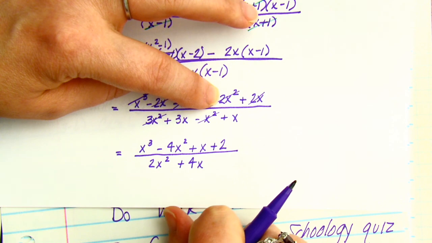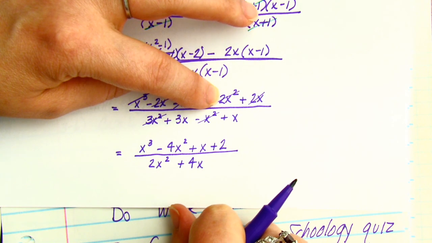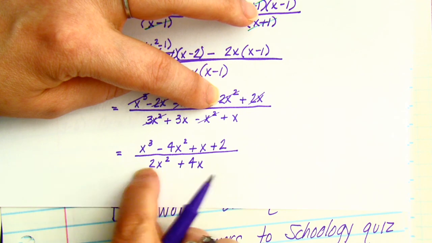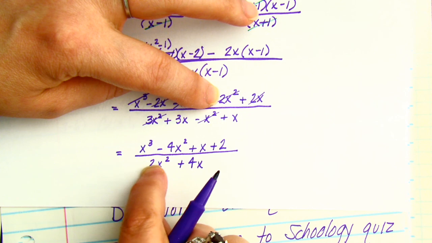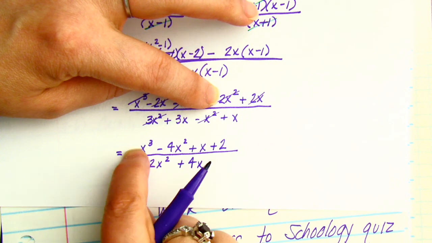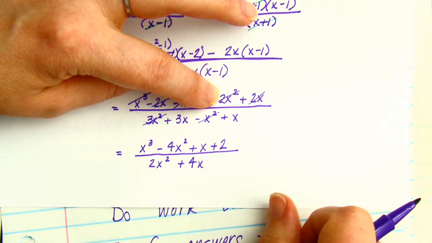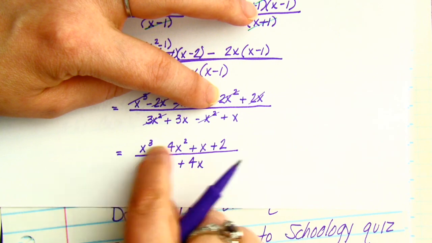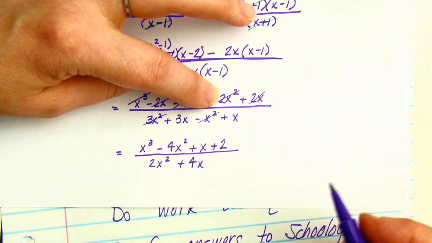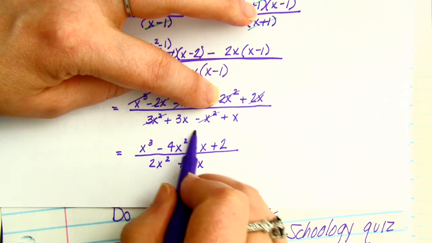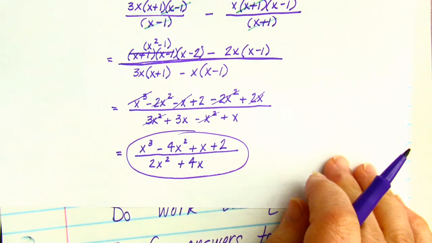So I think no matter how you rearrange those, you're not going to be able to get a common binomial factor. The denominator, I could take out a 2x, but is that going to help me with dividing anything out of here? And the answer is no, because 2x is not a GCF of that numerator polynomial. So this is my final answer.